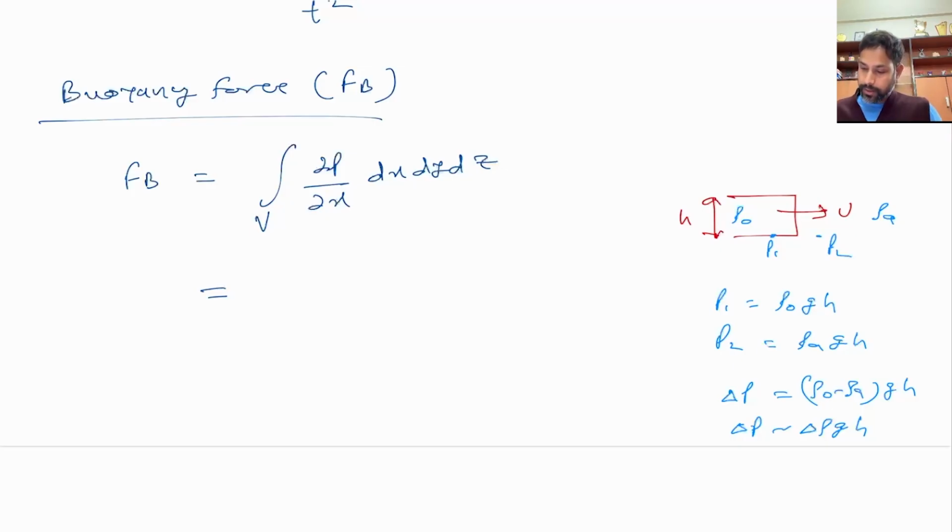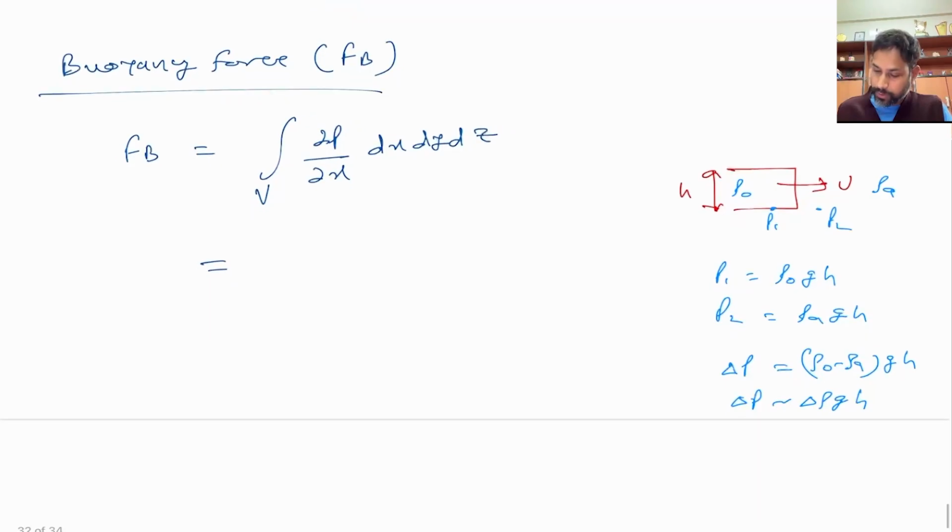So this is something we have, and that is why now when we convert this particular equation into dp by dx, we can write Fb to be equivalent to delta rho gh over xn wh.